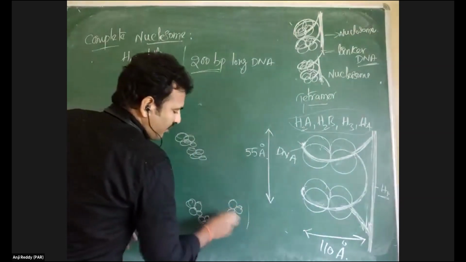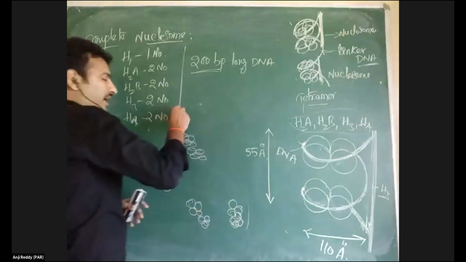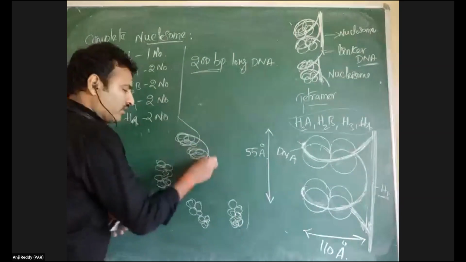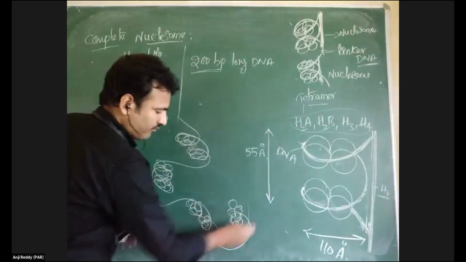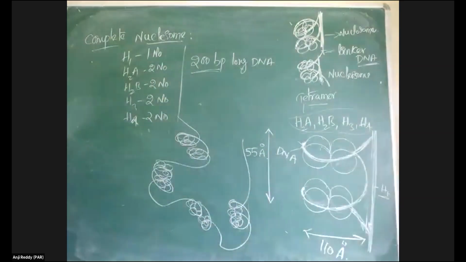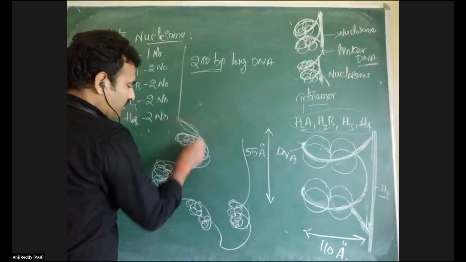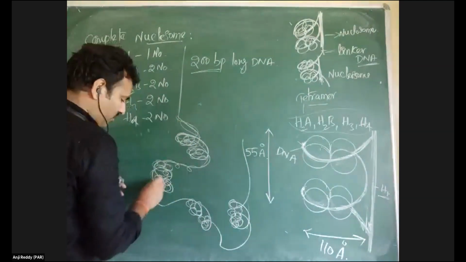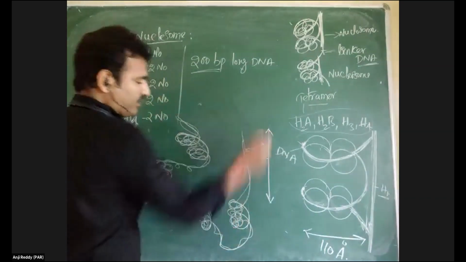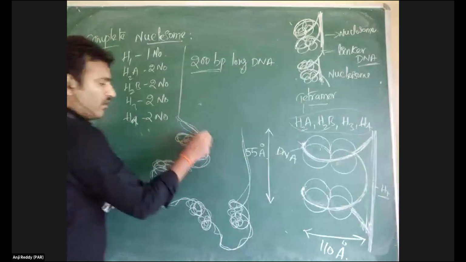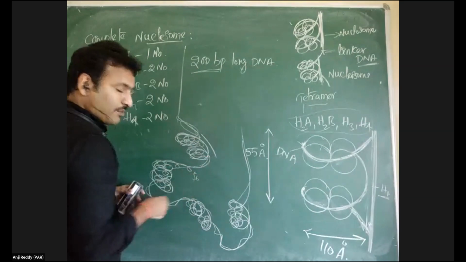Like that, there are many histone octamers combined here. A DNA molecule will combine around this, like this. A long double-stranded DNA molecule is combining with all histone proteins. Here, 146 base pair length DNA, between this 54 base pair length DNA.